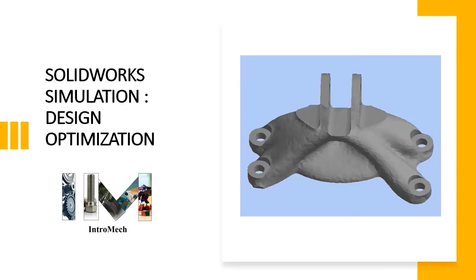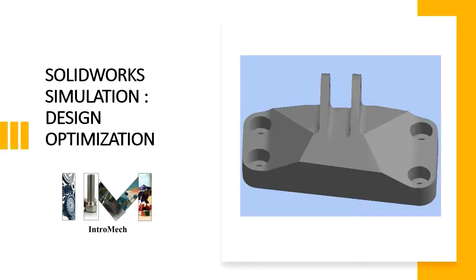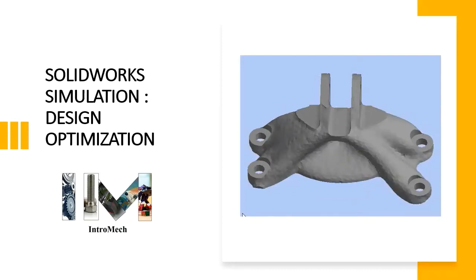Whenever you design something, you cannot be sure that you have utilized the material strength completely. The meaning is, let's say you have designed something with so and so dimensions, you cannot say that the dimensions are perfect.